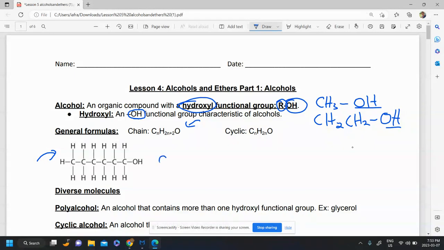So here we have number of carbons, 1, 2, 3, 4, 5, 6. 6 carbons, H, 1, 2, 3, 4, 5, 6, 7, 8, 9, 10, 11, 12, 13, 14, like that, and then 1 O, like that. So it's almost like an alkane as long as there's no double bonds or triple bonds, but then you have an O in there. And then if it's cyclic, well, it's just 2 H's less than the one that's a chain. So you have 2N plus 2, and then over here you have 2N and then the O there.